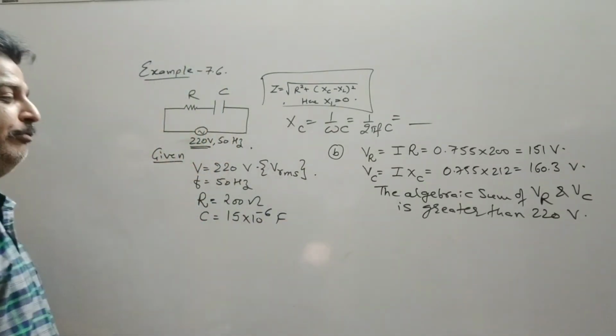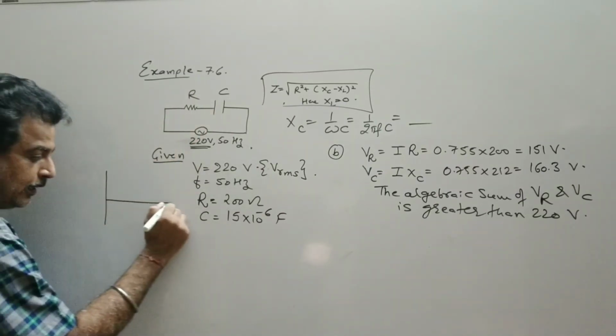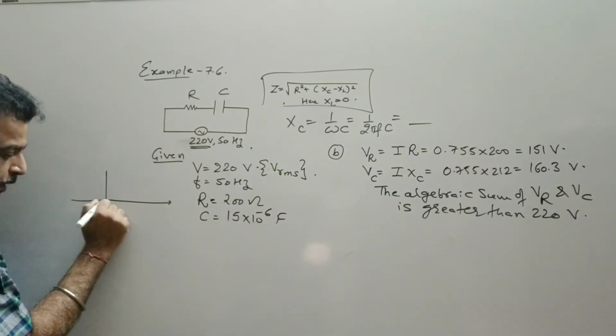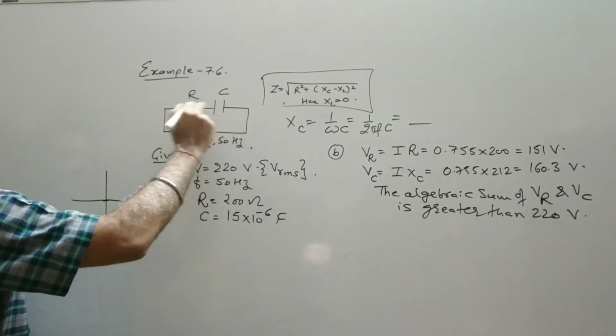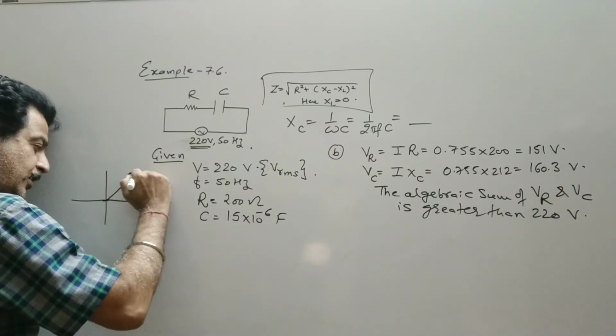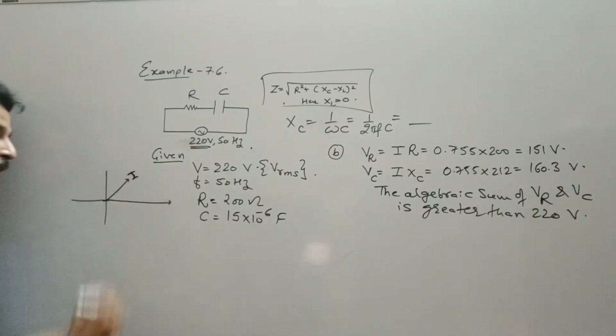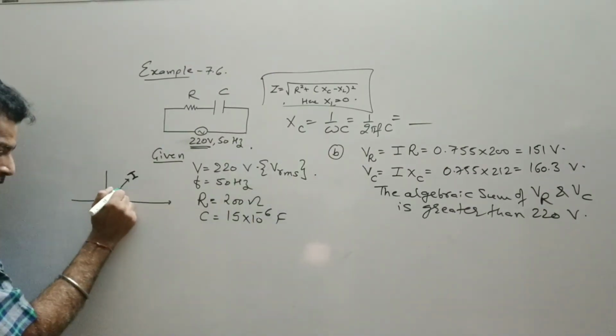So if I have to draw the phasor diagram of this circuit, what should be the phasor diagram? The current in both these components is same. So first I draw the phasor of I. This is the phasor. We indicate it by a bold letter. Then VR, it is in phase.